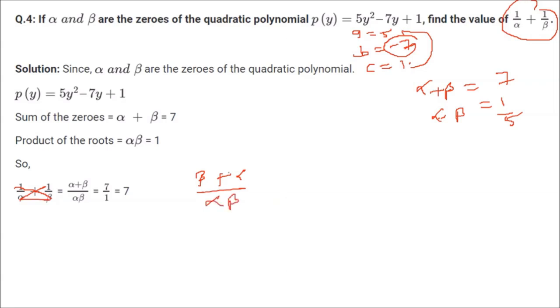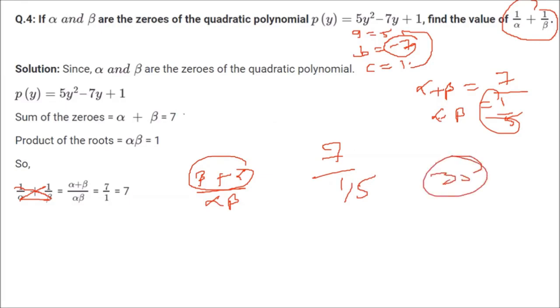So alpha plus beta can be written as, which number? Alpha into beta is C by A. Alpha plus beta is what? 7. What is alpha into beta? Alpha into beta is say 1 by 5. Right? So you get 7 into 5 is 35.